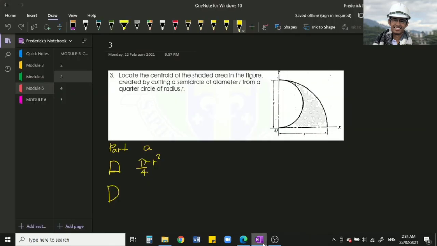Pero dito sa ating problem, yung diameter natin is yung r nung ating quarter circle. So yung mangyayari dyan, ano ulit yung ating area? Pi r squared over 2. Okay?